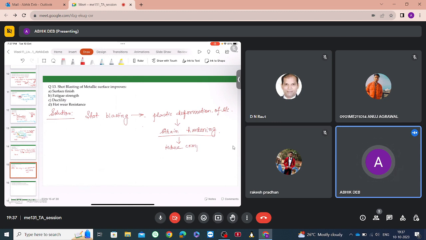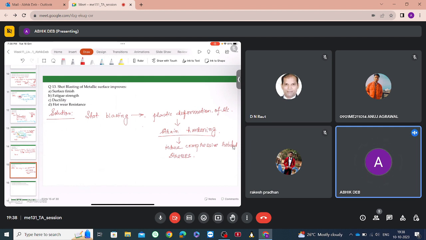compressive residual stresses. We have said that strain hardening results in an increase in the yield strength, and compressive residual stresses are induced in the material. Because of the compressive residual stresses induced in the surface, under fatigue loading there will be repeated tensile and compressive loadings.